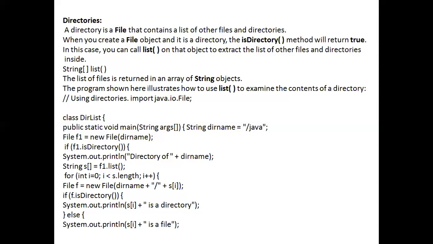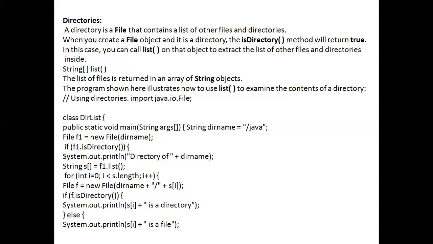A directory may contain a list of files, or it may contain a list of directories also. It may contain subdirectories also. It may contain a list of files also. Clear? A single directory may contain a number of subdirectories or a number of files.